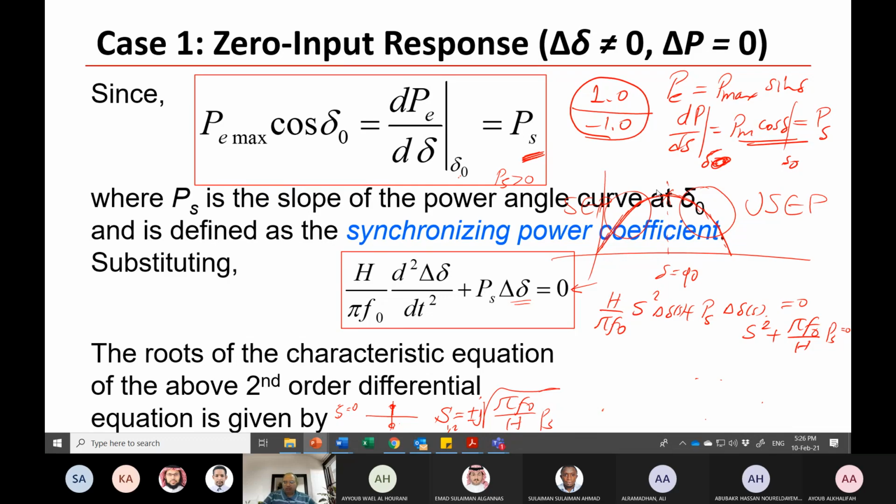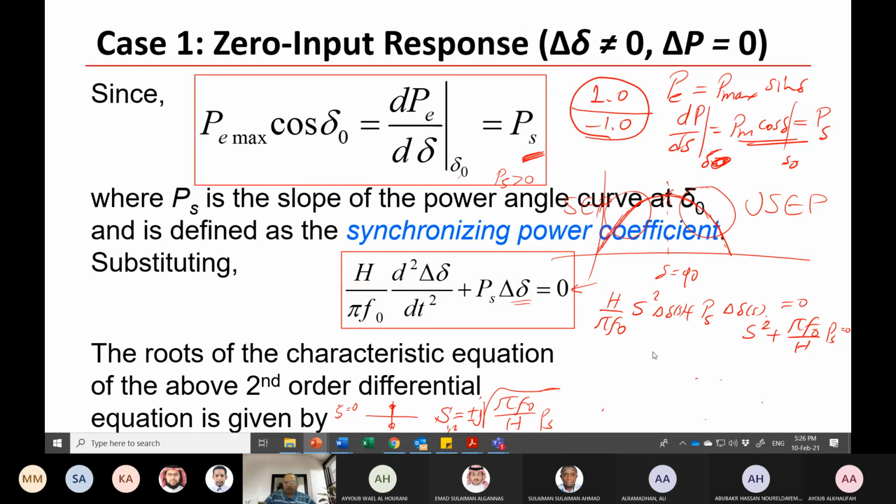So the slope here of this curve up to 90 degrees, the slope is positive, which is the power coefficient, and you can replace this part, which is Pmax cosine delta by Bs here. So now this is the linearized differential equation. In order to check whether the system is stable or not, we can get the characteristic equation, we can get the roots or the eigenvalues.